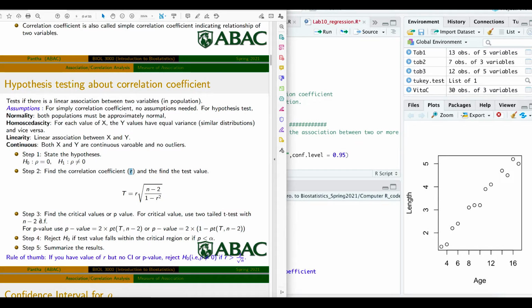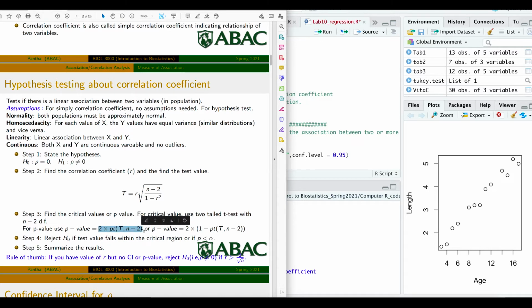Step number 3, find the critical value or p-value. For the critical value, use a two-tailed t-test with n minus 2 degrees of freedom. For the p-value, you do 2 times pt, t comma n minus 2. This is for the left tail, if t is negative; this is the formula you use to find the p-value.